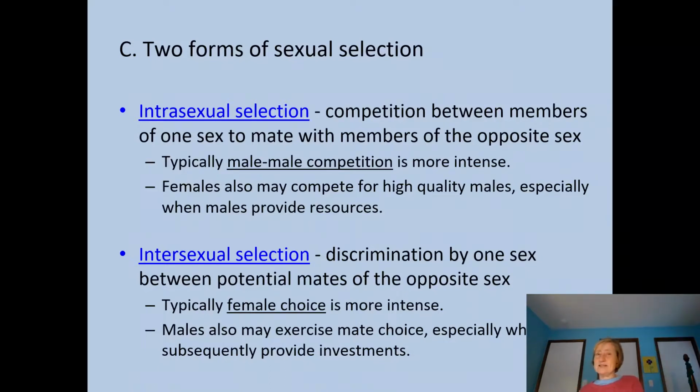Our textbook, Mother Nature, focuses a lot on intersexual selection and specifically on female mate choice. And typically females are the choosier sex. All right? Males sometimes exercise mate choice as well, especially if they put a lot into provisioning of their young.